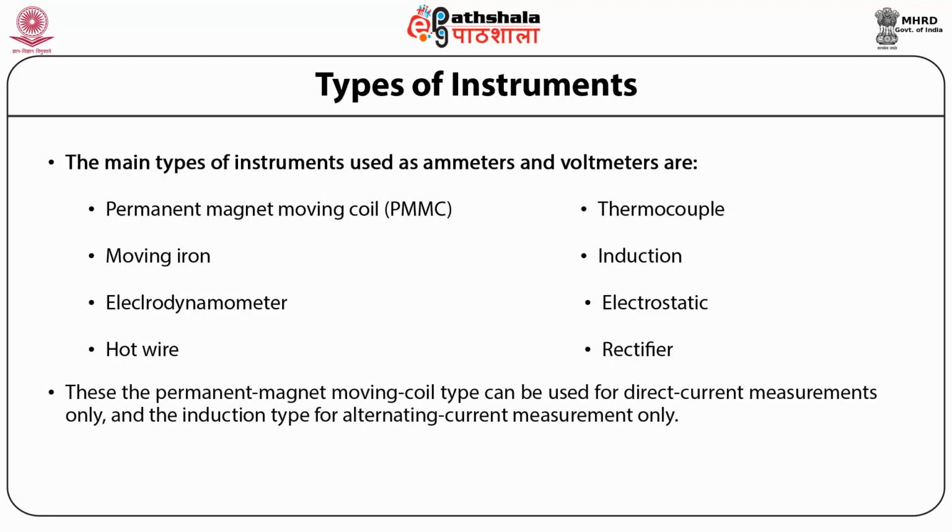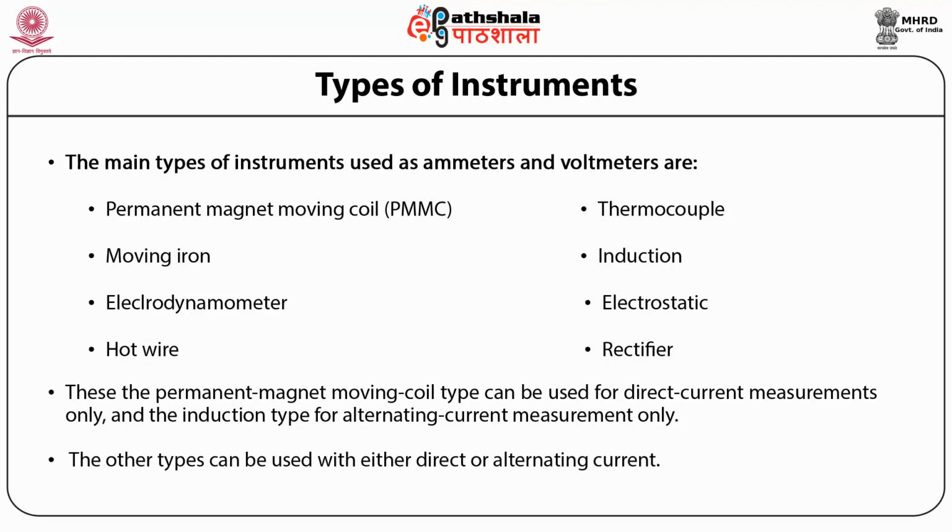Of these, the permanent magnet moving coil type can be used for direct current measurements only, and the induction type for alternating current measurements only. The other types can be used with either direct or alternating current.